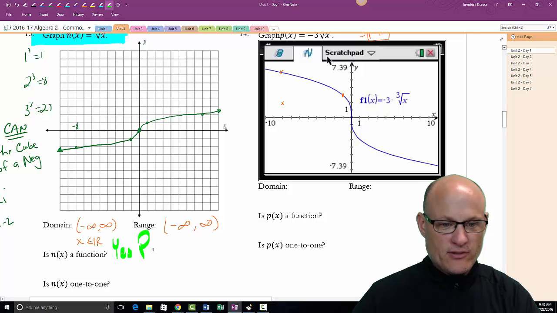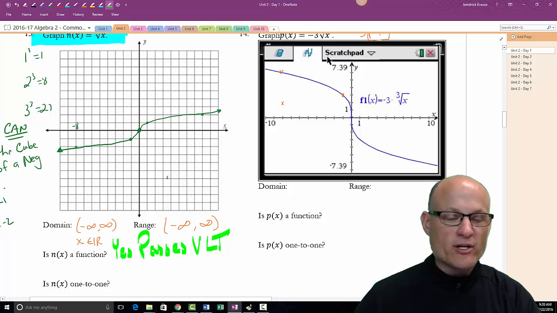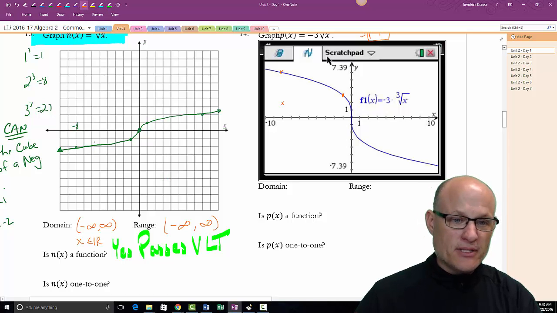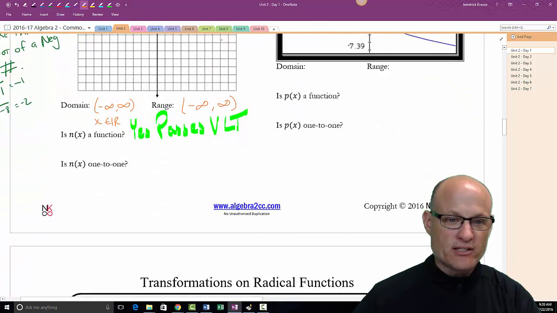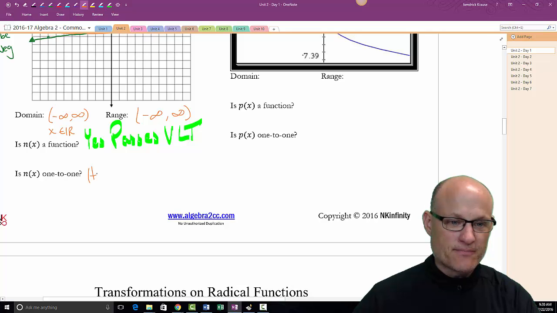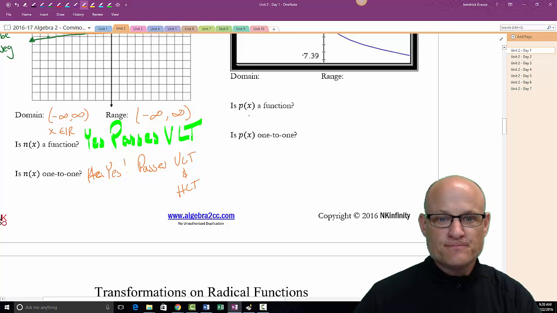Yes, passes VLT. Is it a one-to-one function? Well, yep, it is. It passes because it passes the VLT and the HLT. Yes, passes VLT and HLT.